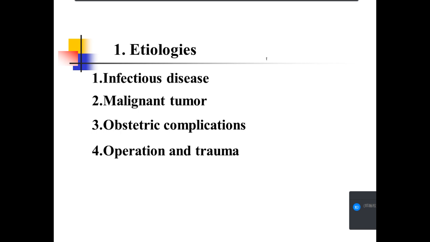Etiology activates the coagulation system, and thrombin increases, leading to increased coagulation function and microthrombus in the microcirculation. Because of the microthrombus, coagulation factors and platelets are consumed, so they decrease and coagulation function decreases.